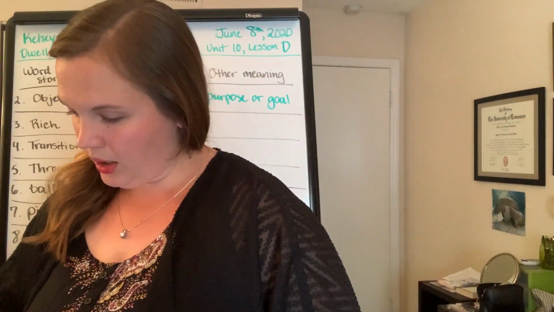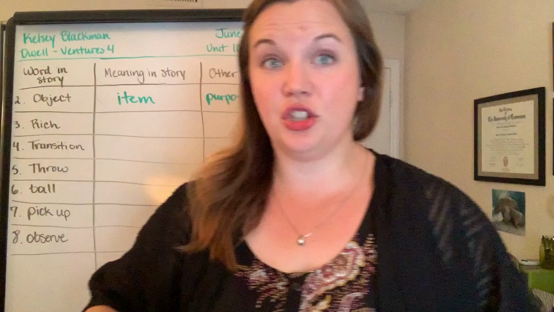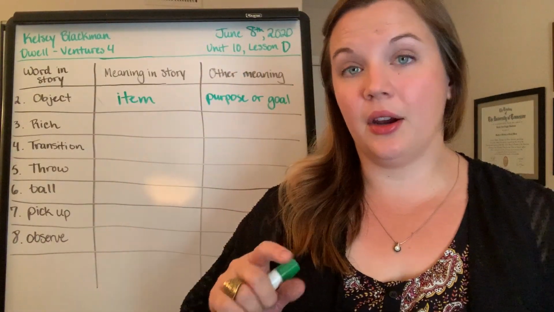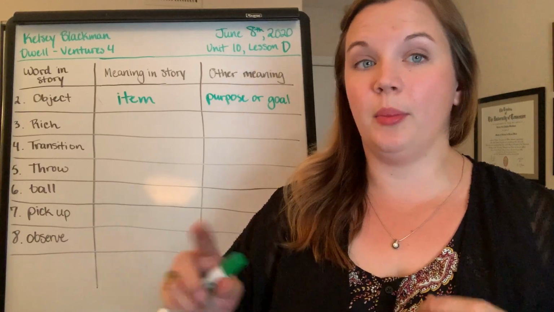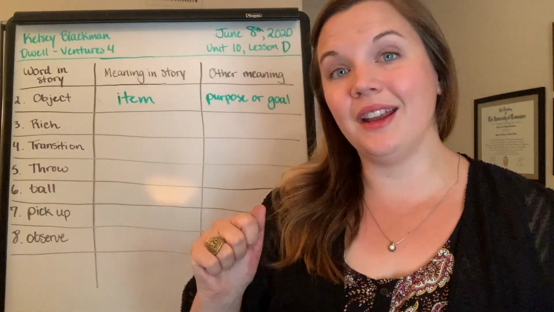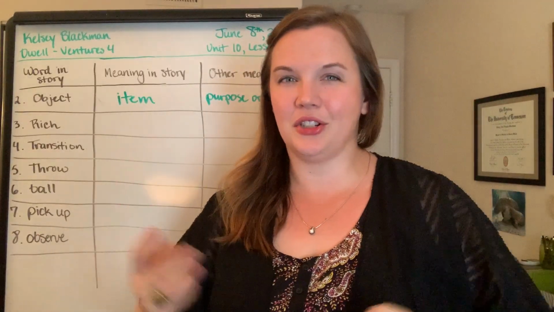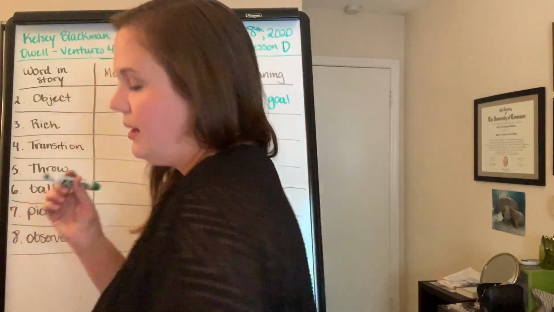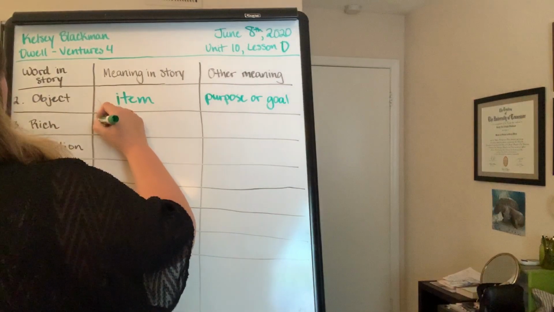Okay, number 3, rich. Rich was also in the paragraph about China. They hope their baby grabs the coin, because that means traditionally that the baby will be rich. So rich means have a lot of money.